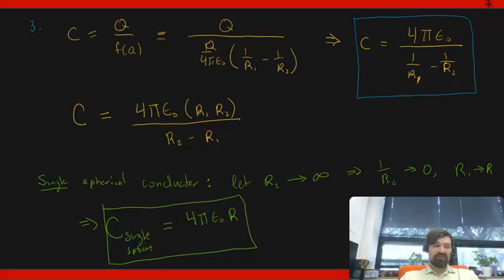There are, of course, other common examples that you could try out for yourselves, some of which are worked out in textbooks, like what if instead of concentric spheres, you had concentric cylinders? You could even do a more complicated example, like what if you have 4 sets of concentric spheres with alternating charge on them, plus q minus q plus q minus q.